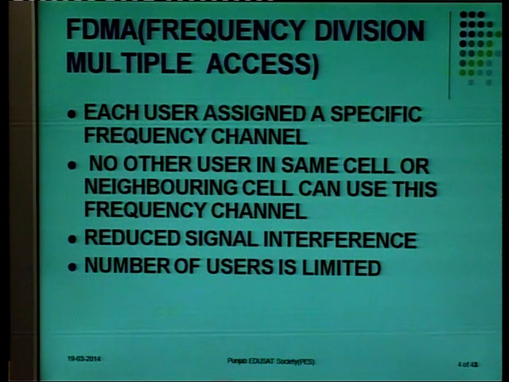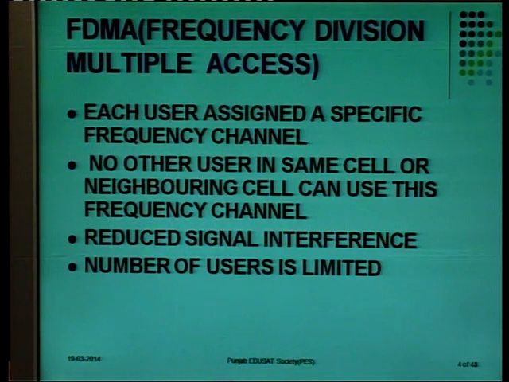This user will be assigned this band of frequency, and then another user will be allotted another band of frequency, and so on. No other user in the same cell or the neighboring cell can use this frequency channel. Only the specific frequency channel can be used by the specific user to which it is dedicated.